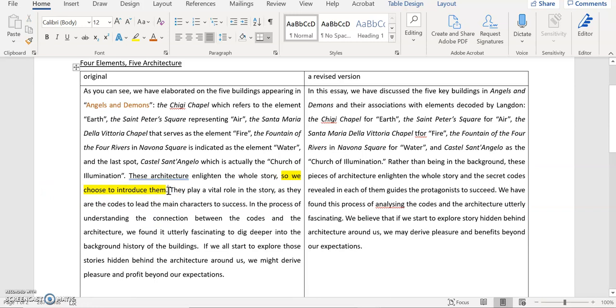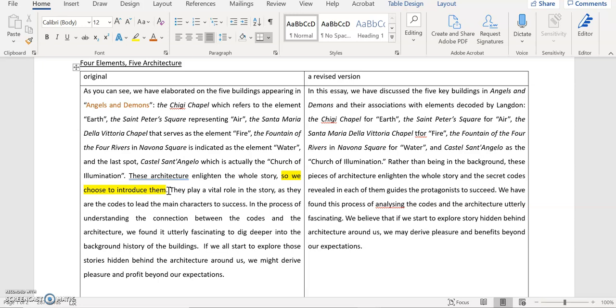So generally speaking, this kind of expression occurs at the beginning of the essay. It occurs in the so-called introduction part of the essay, where you talk about the purpose of your writing. But here you are doing this conclusion.